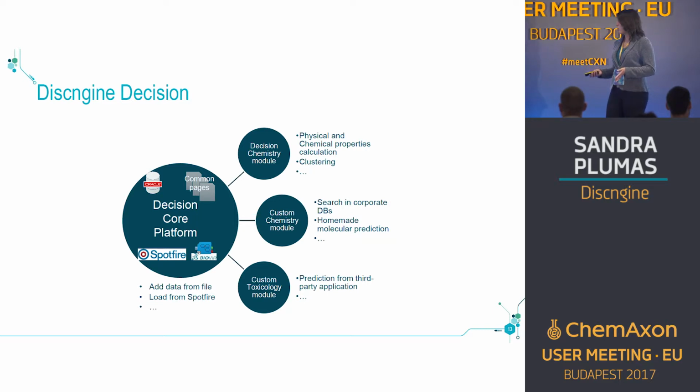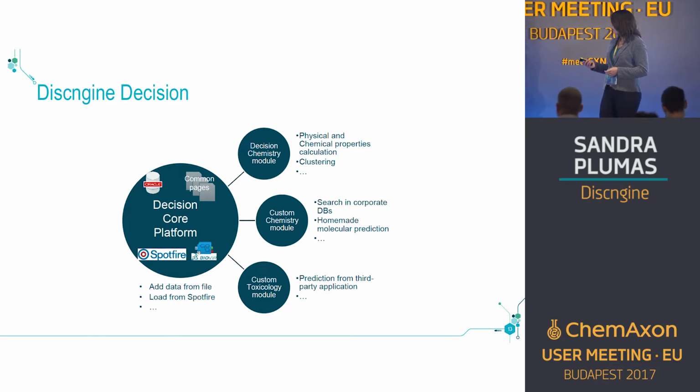So there are basic features such as add data from file or load the data from Spotfire, and many others. But the interesting thing is that the customers can easily add modules to this platform. He just has to develop web pages and the pipeline pilot protocol and to declare them in the core application.